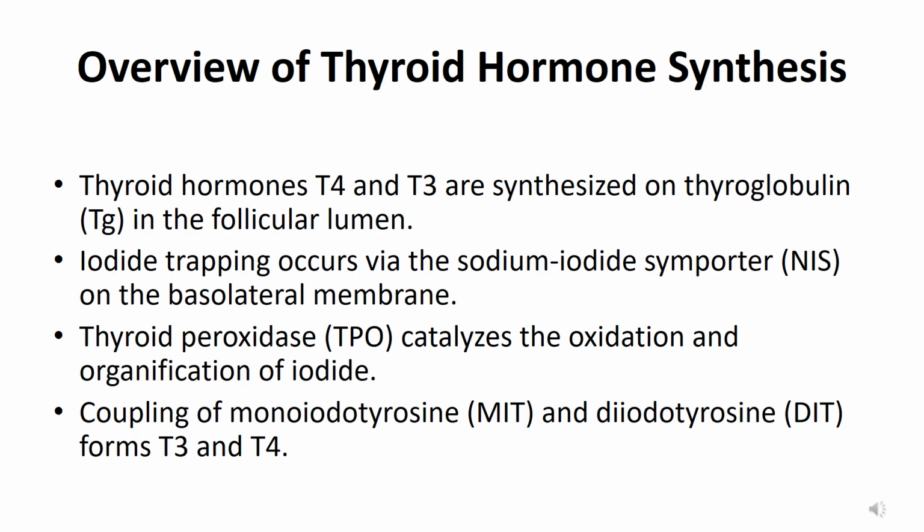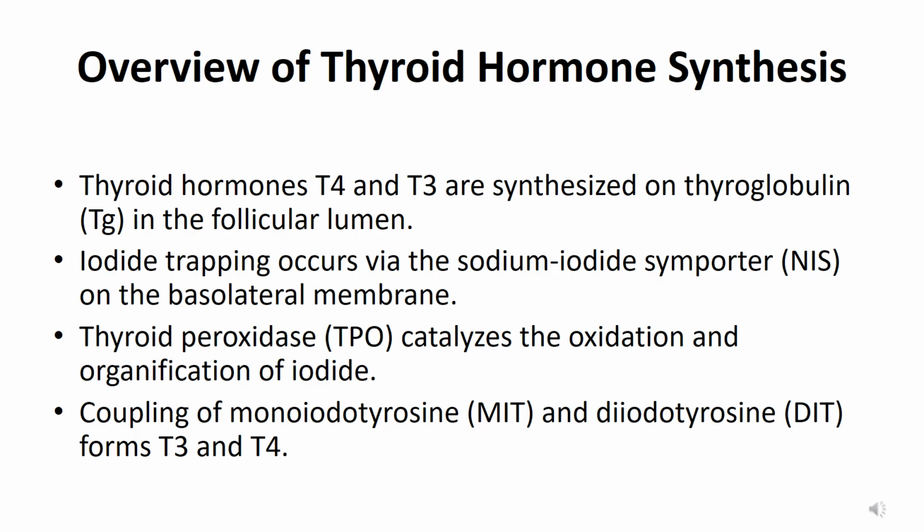When one iodine molecule attaches to tyrosine, the product is called monoiodotyrosine, or MIT. When two iodine molecules attach, it forms diiodotyrosine, or DIT. These iodinated tyrosines are the building blocks for thyroid hormones. The final major step is coupling.